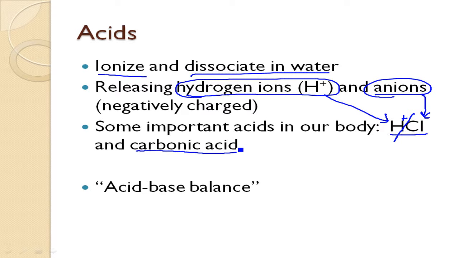We will be talking later in the semester and even in 202 about your acid-base balance and how important it is. We're going to be talking about imbalances such as your body going into alkalosis or acidosis.